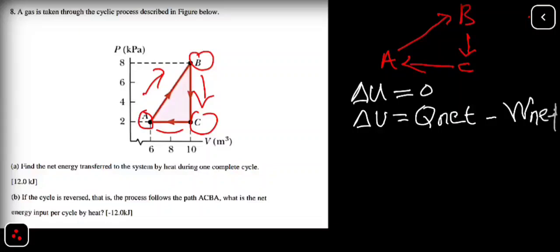So the change in energy equals Q net minus the net work, and because the internal energy change is zero, the net energy transferred to the system by heat, Q net, is exactly equal to the work done by the gas, W net.